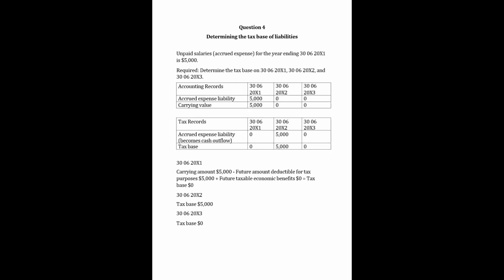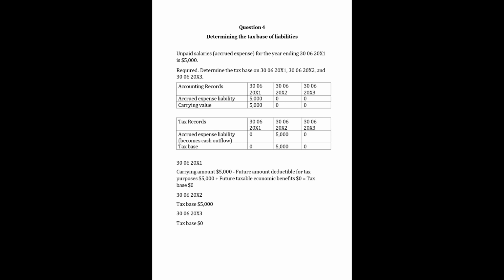Here's another liability, and we will determine the tax base of this liability, which is unpaid salaries. Unpaid salaries is an accrued expense, and that's for the 30th June 20x1, and that's $5,000. We are required to determine the tax base for 20x1, x2, and x3.